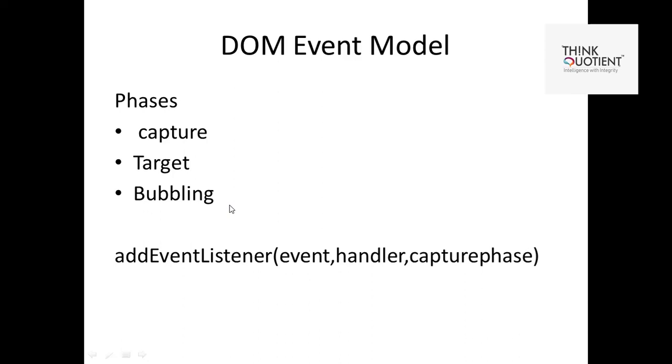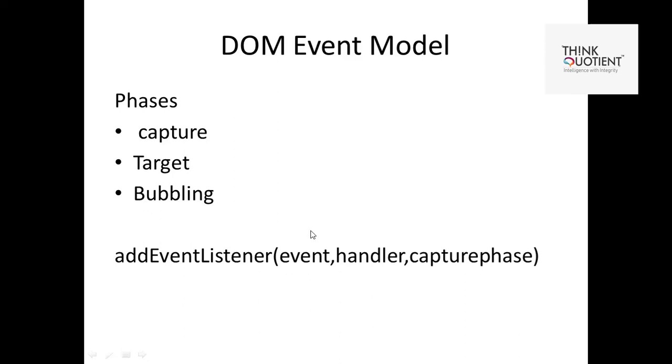Definitely we'll talk about it, but before that, this method is introduced by DOM2, used to engage an event handler in a page, right? So we have that method that is nothing but object.addEventListener, and to that we have to pass the event, handler and capture phase. The object is the node to which the listener is to be bound, so we have to define an object itself.